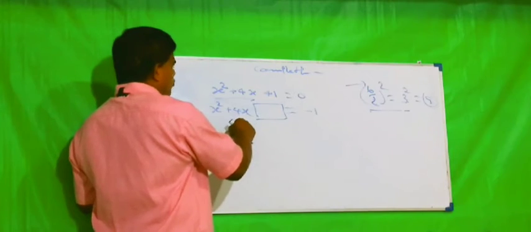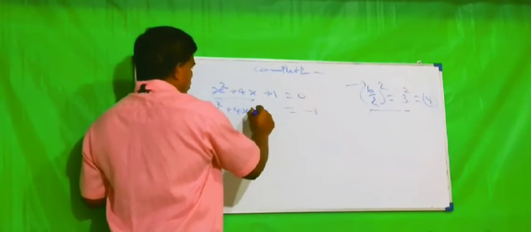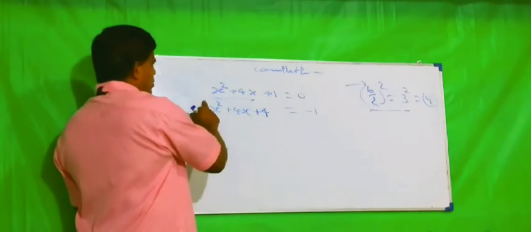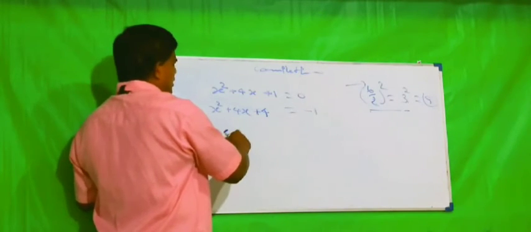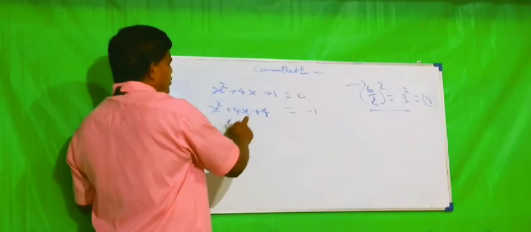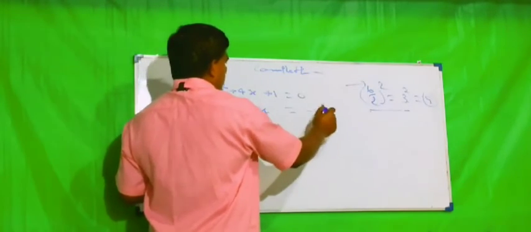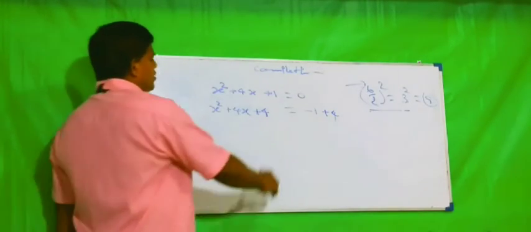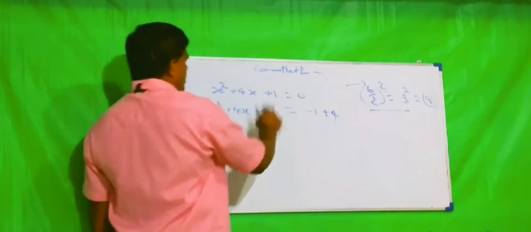The square of it is 4, so the suitable term is plus 4, to be taken as a complete square. Then plus 4 is added to the left side, and that should be done to the right side also to balance the two sides of the equation.